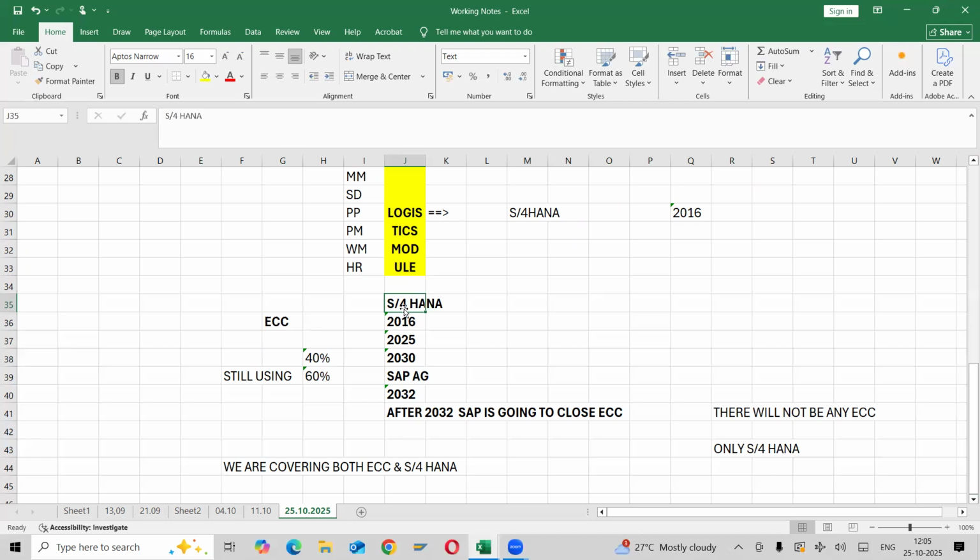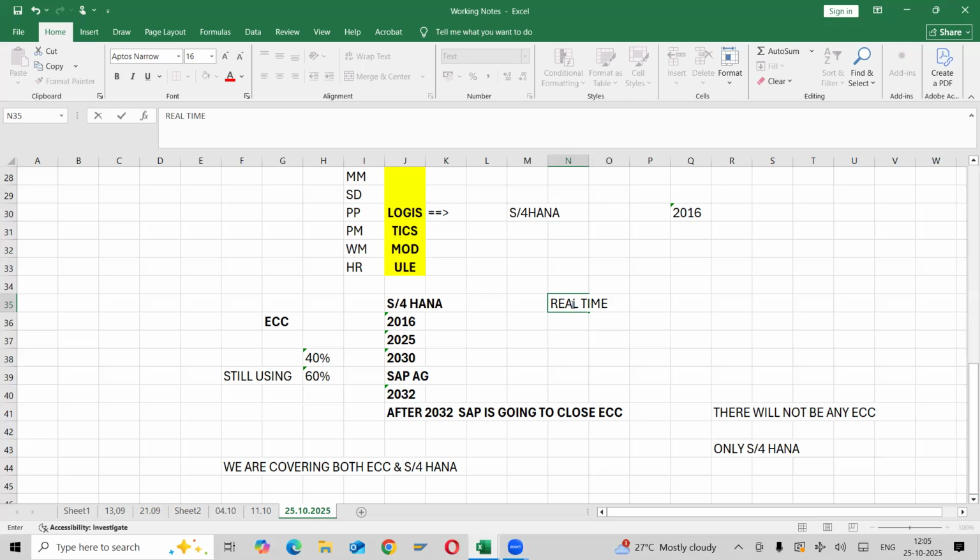Clear? But again, I'm telling you, I'm not going to cover anything in a traditional way, whatever will be there in the book or SAP Press book, nothing as such. We are going to cover everything from day one: complete real-time scenarios, real-time challenges, real-time project sessions. I'm not bluffing on this.